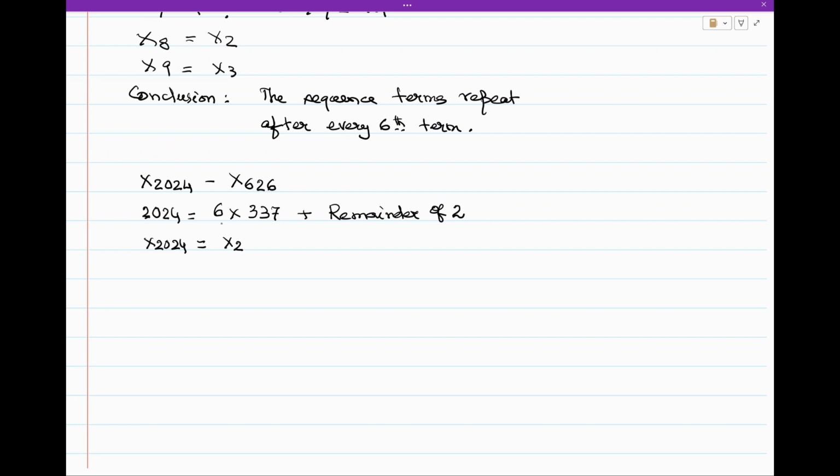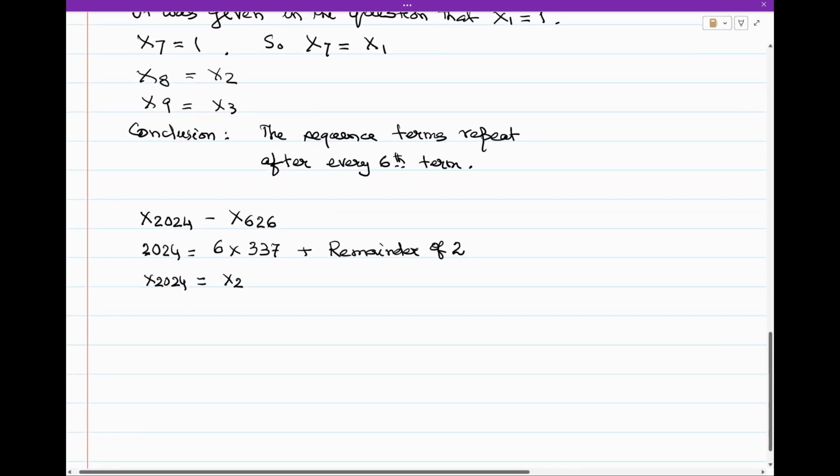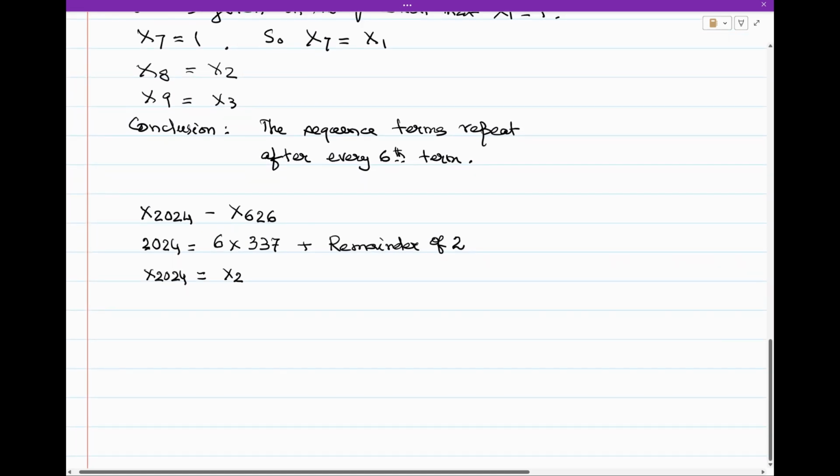Please try to appreciate this point. x7 is equal to x1, x8 is equal to x2, x9 is equal to x3. So the terms repeat after every 6 terms.